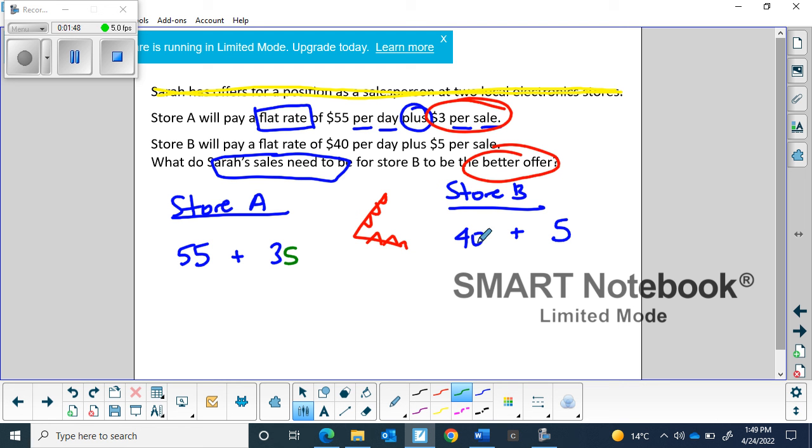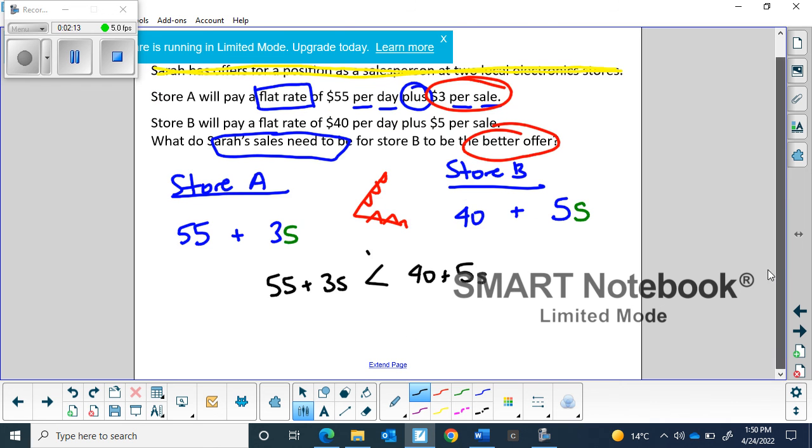Over on the other side, we get $40 a day, but we get $5 for every sale she makes, so we add that S there. I know it's a little bit confusing with our symbols, but really we've just written out an inequality. We have 55 plus 3S is less than 40 plus 5S.